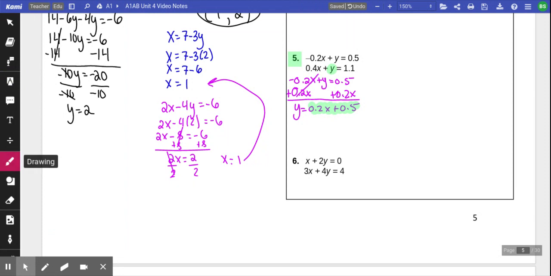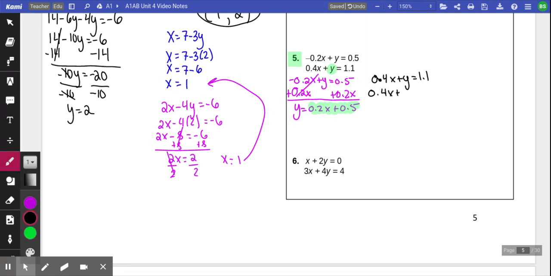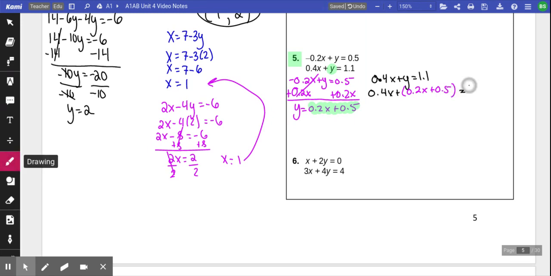So if we take the second one, 0.4x plus y is equal to 1.1, we know what y is equal to. So we can say 0.4x plus, and then this is our substitution piece, we know y is, and I'm going to put it in parentheses just in case, 0.2x plus 0.5 is equal to 1.1.